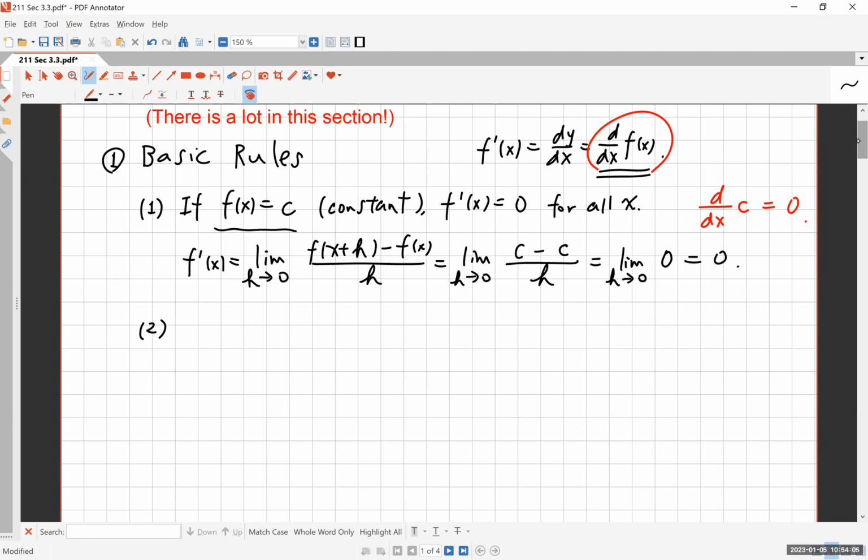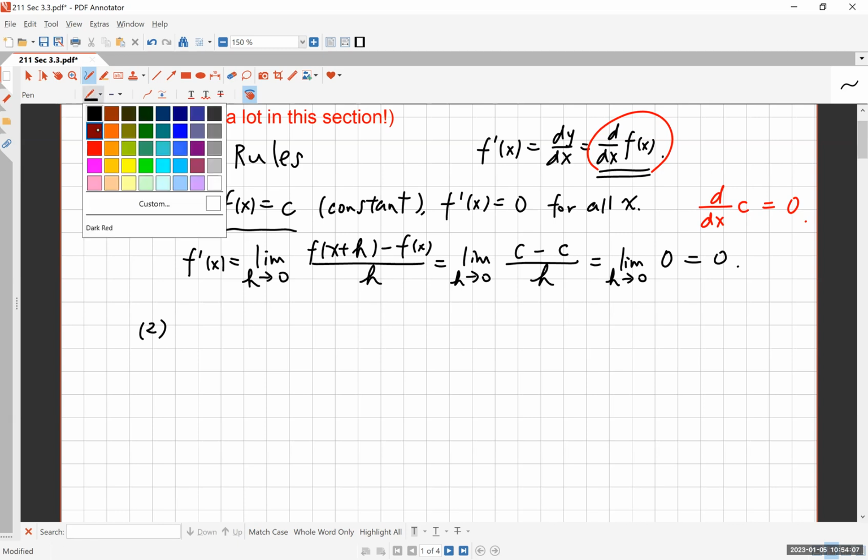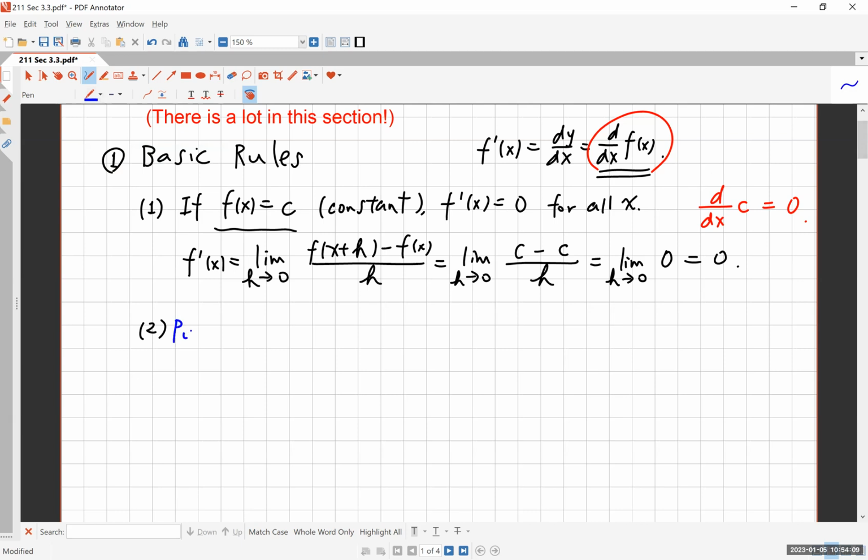Okay, so the second one, this is super important. In fact, it's so important, it has its own name. It's called the power rule. What in the world is the power rule? If f of x is x to the nth power, this is the one that you will be using all the time, and we have already seen maybe 1 or 2 or 3 examples of this before.